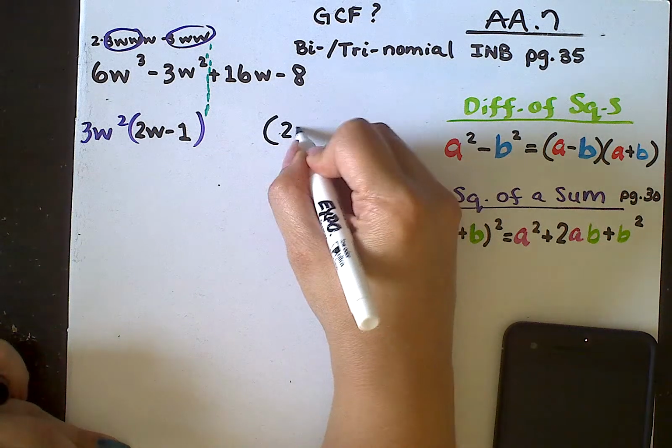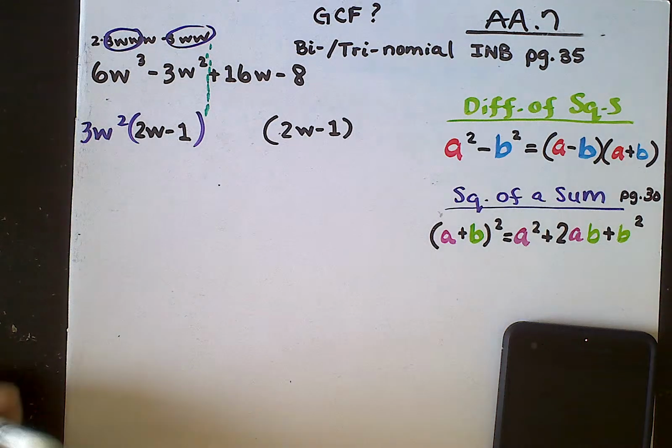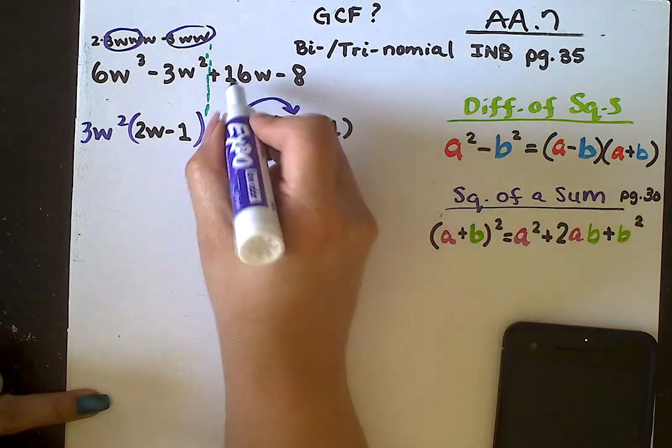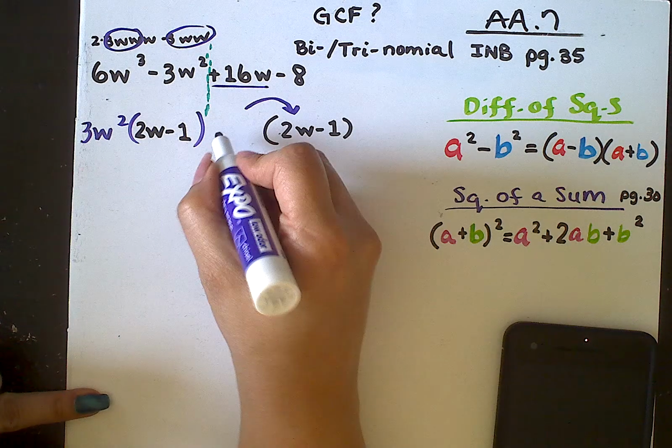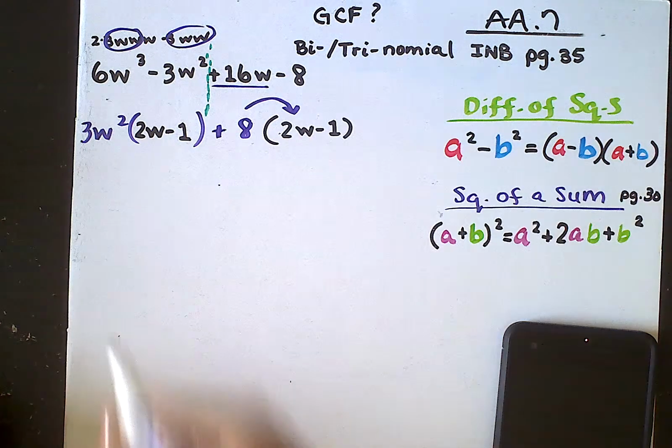So let's bring over 2w minus 1 and figure out what goes in front. So what times 2w gets me positive 16w? Sounds like an 8. And 8 times negative 1, that's negative 8.